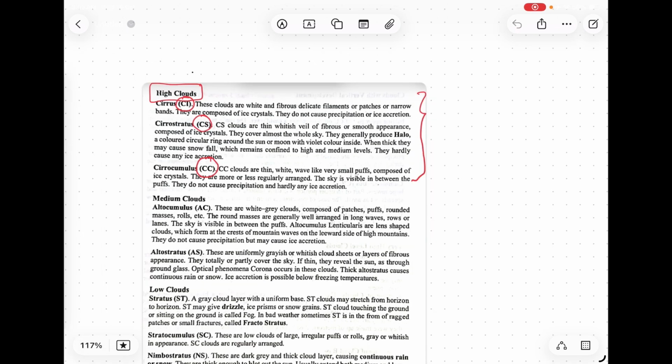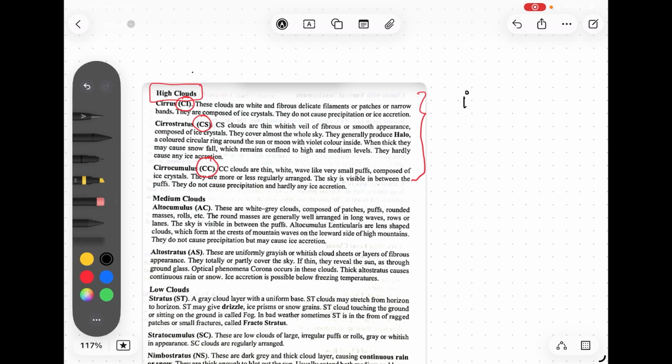High level clouds mostly consist of ice crystals, but there is no risk of icing, and they are the least dangerous. If you've flown as a passenger, you would see those cotton-like spread-out broken clouds all across.